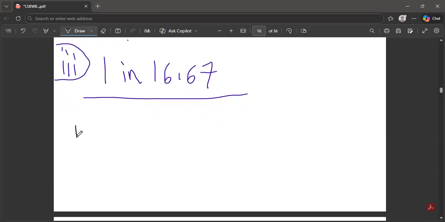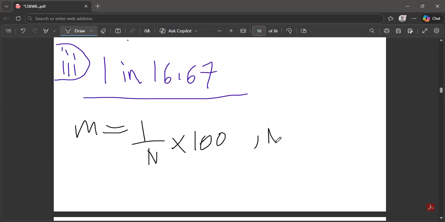As we all know, our M is equal to what? 1 over N times 100. In this case, our N is equal to what? 16.67.